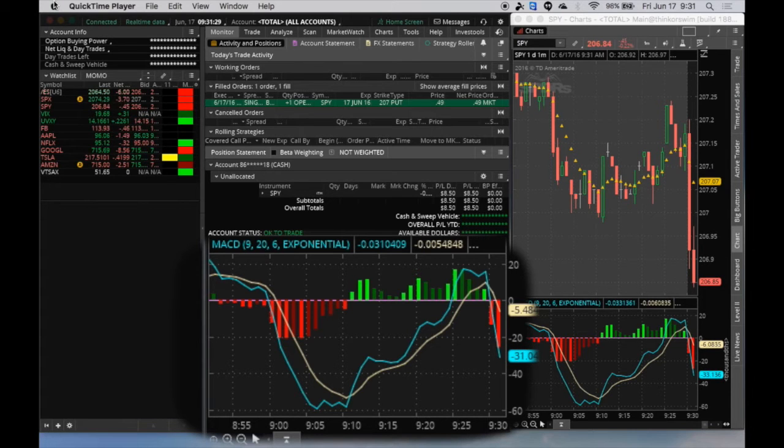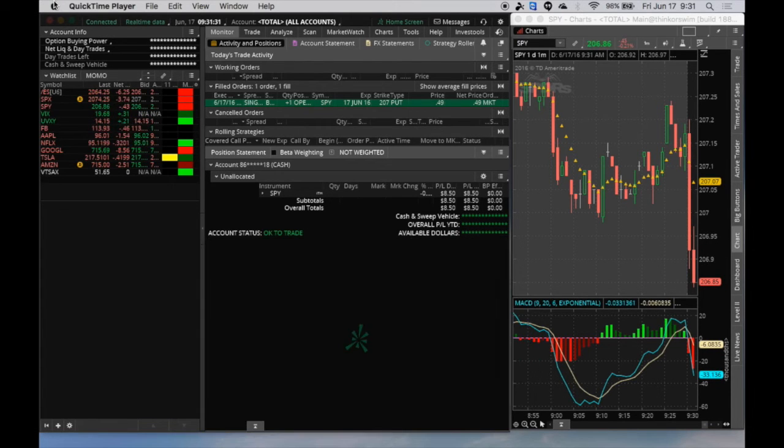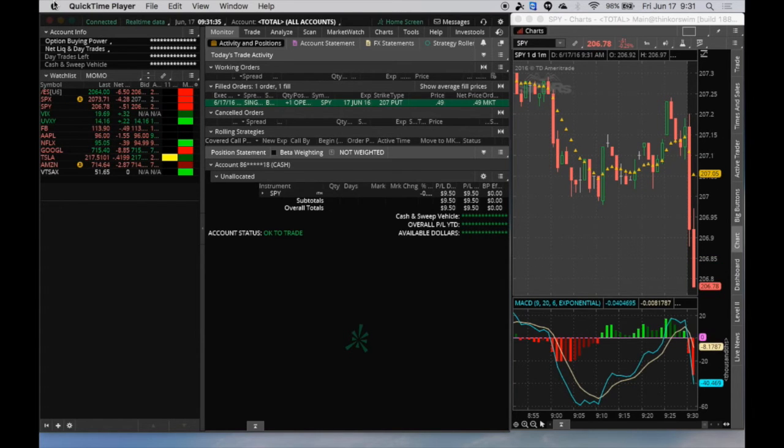So, got alerted here. There was a little bit of a delay before the order finally filled, but it did. And now we are here. And this is one contract, and it hit a high of about 12 bucks. I ended up selling it, I believe, for $1.